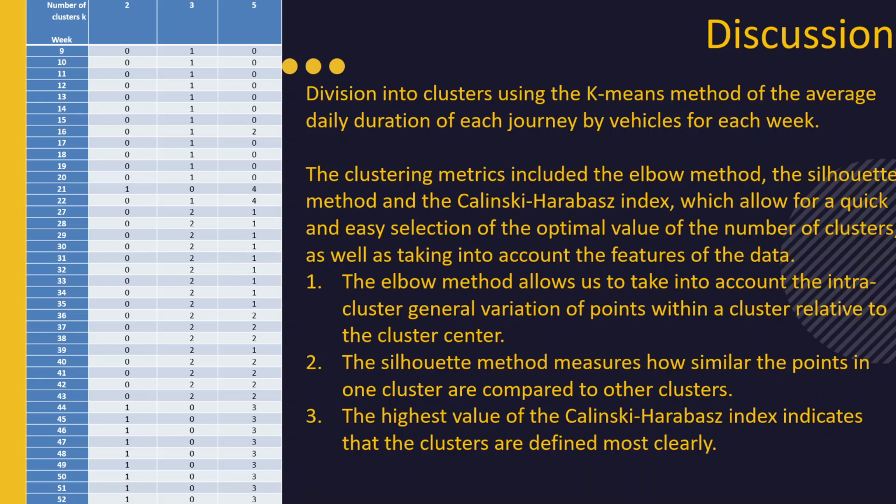When divided into two clusters, where the value of K equal to 2 was obtained by the silhouette method, we have clusters with numbers 0 and 1. When divided into three clusters, where the value K equal to 3 was obtained by the Calinski-Harabasz method, we have three clusters, and divided into five clusters, the value of which was obtained by the elbow method, we have clusters with numbers 0, 1, 2, 3.